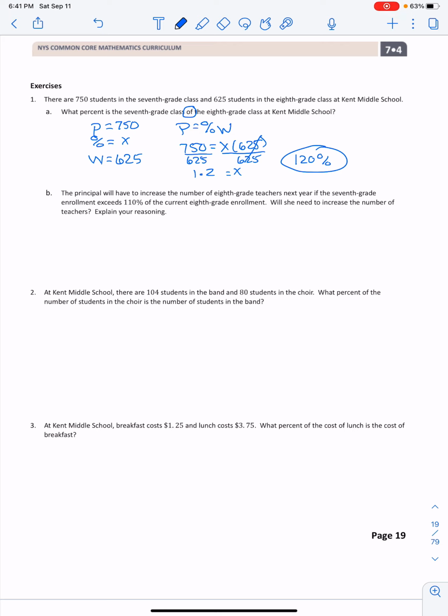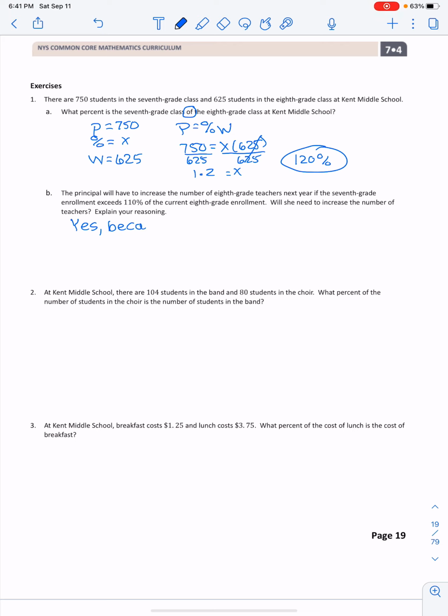B says the principal will have to increase the number of 8th grade teachers next year if the 7th grade enrollment exceeds 110% of the current 8th grade enrollment. Will she need to increase the number of teachers? Explain your reasoning.